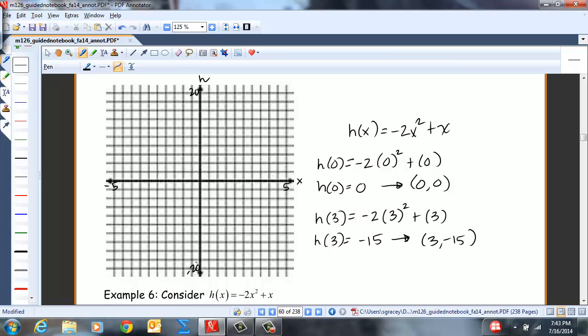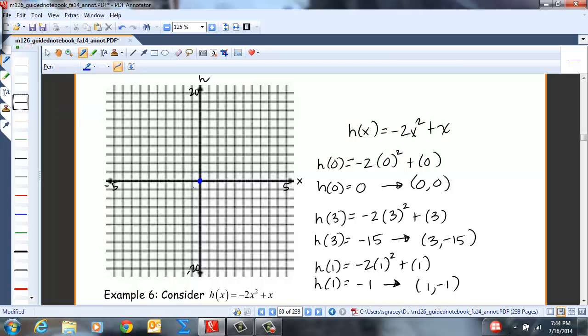So if I plot my ordered pairs, 0, 0. We might want to get another ordered pair just to get a feel for the shape of the graph. So h of 1 will be negative 2 times 1 squared plus 1. So h of 1 will be negative 1, I believe. So 1, negative 1 is on the graph.